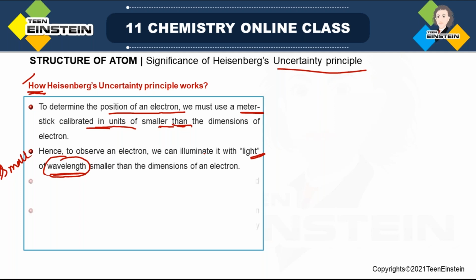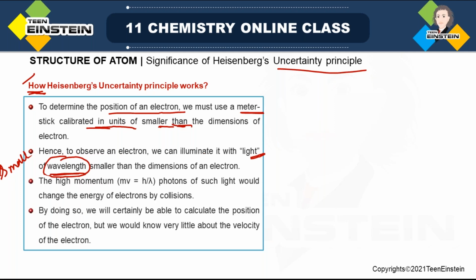Now when I say the wavelength is very small, according to this equation, momentum is equal to h by lambda, Planck's constant divided by wavelength. When lambda is very small, and h is already constant, the denominator is very small on the right hand side of the equation.